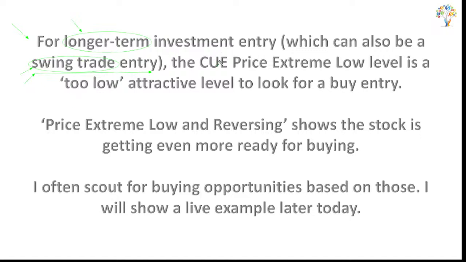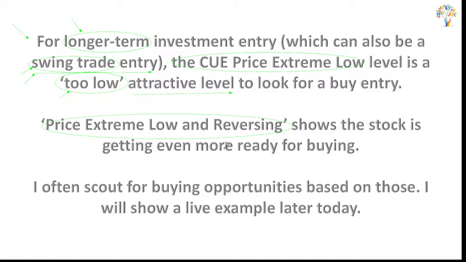And for long-term investment entry, the Q price extreme low level is a too low level. So we don't just look at too high, we also look at too low. So Q price extreme low level is too low, which in this case is an attractive level to look for a buy entry. And sometimes after price extreme low, we get price extreme low and reversing up.